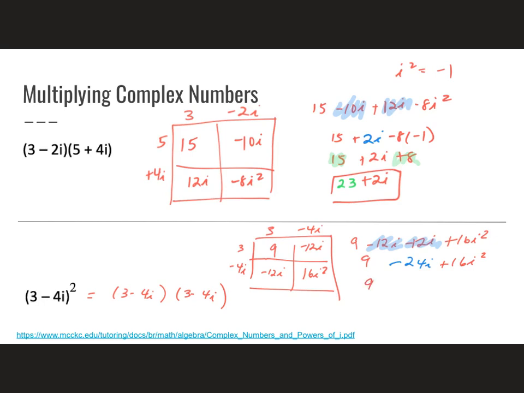So this is really 9 minus 24i plus 16 times negative 1. And so when I further simplify this out, I have 9 minus 24i minus 16. 9 minus 16 gives you minus 7, minus 24i. And then this is your fully simplified complex expression.